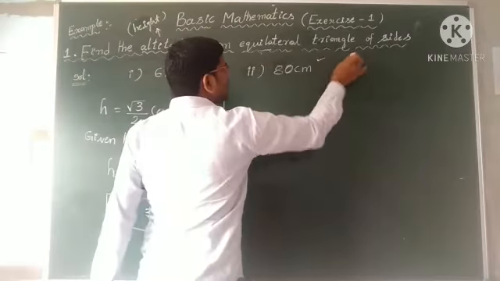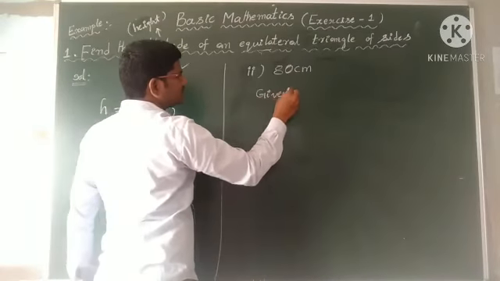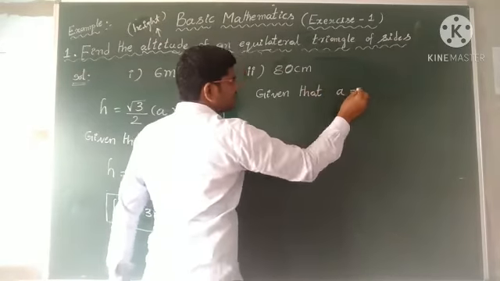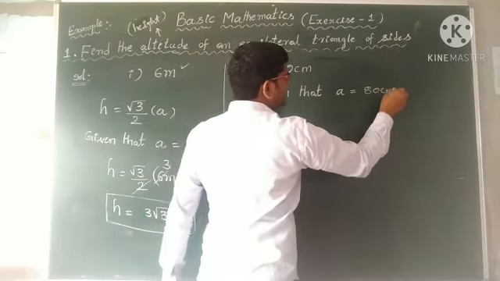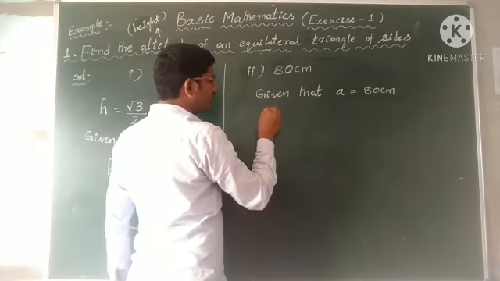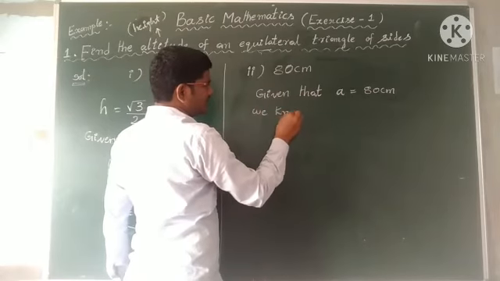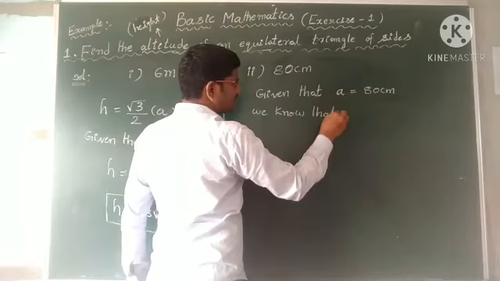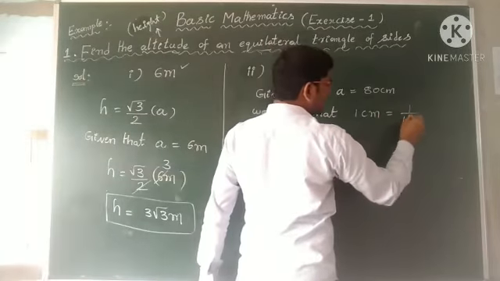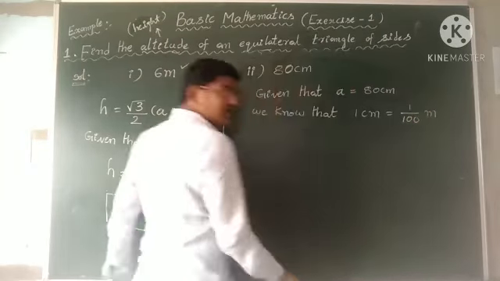Similarly, here it is given 80 centimeters. Given that a is 80 centimeters, we know that 1 centimeter is 1 by 100 of a meter.